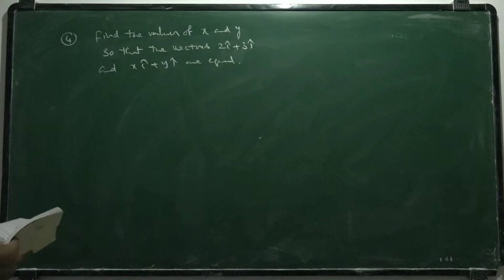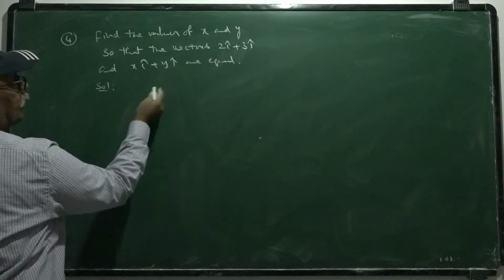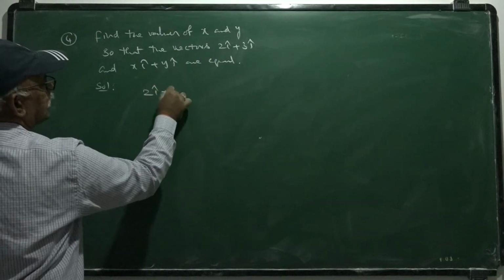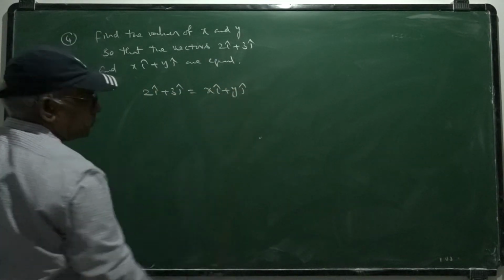Find the values of x and y so that the vectors are equal. Two vectors are equal. 2i plus 3j is the same as xi plus yj.